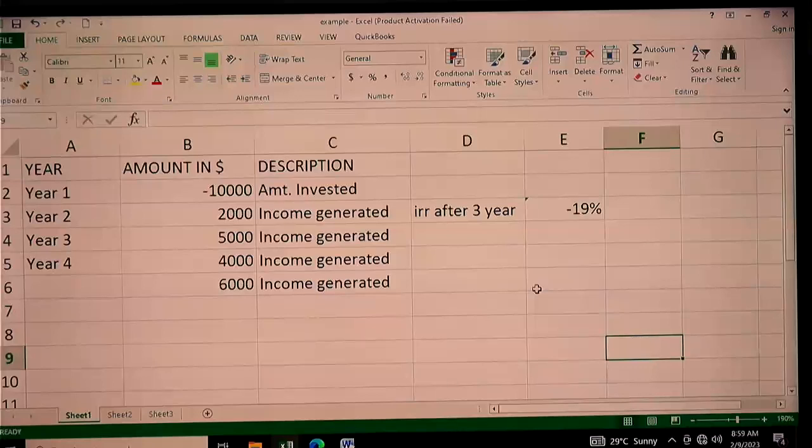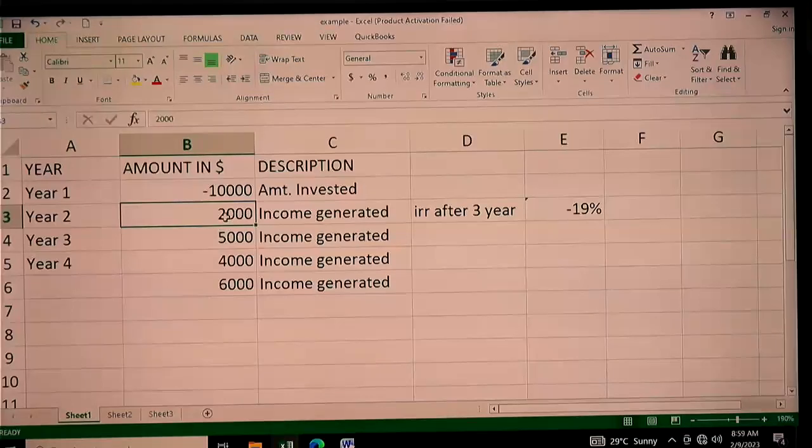So if you check at this investment, you will find that this particular investor invested 10,000. That is the amount he invested. The second year, it returned 2,000.